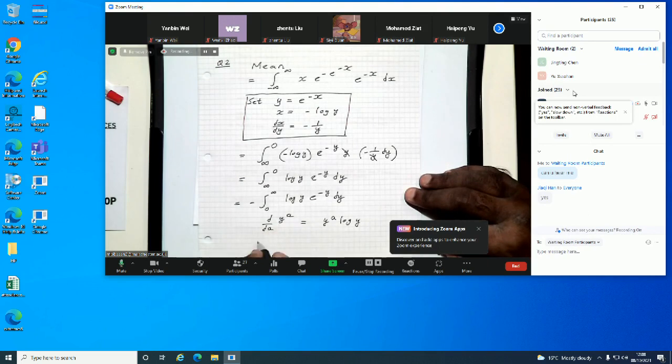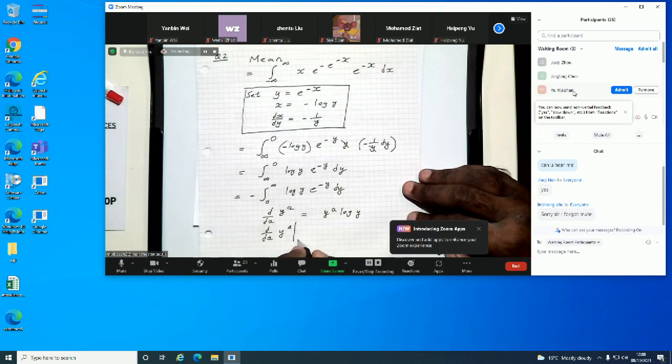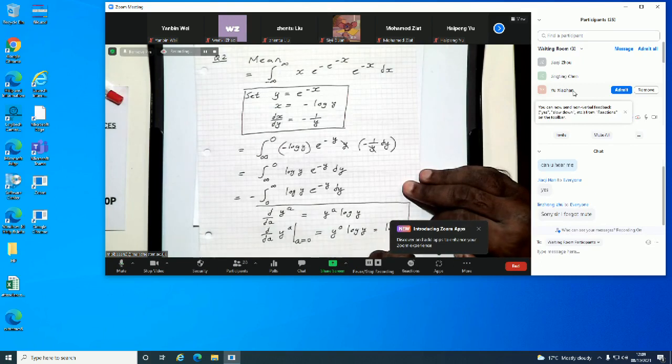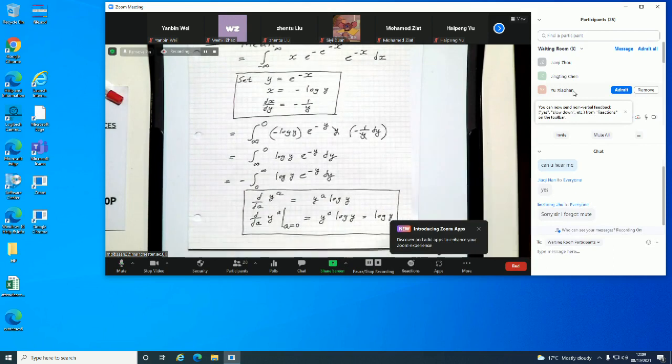Now, if you take this on both sides, left and the right, you should set a equal to 0, and if you put a equal to 0 here, which is y to the power 0 times log of y, this is log of y. So let me put this in a box, right? You see what I've done?